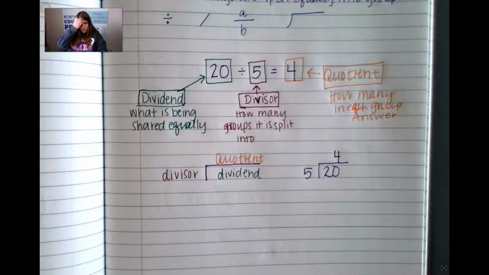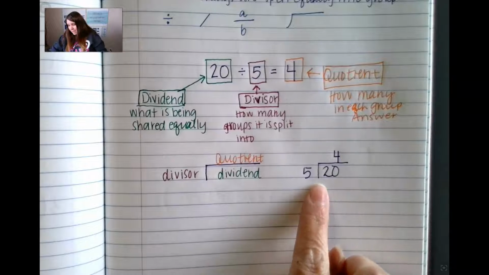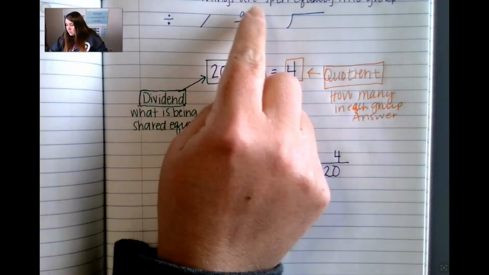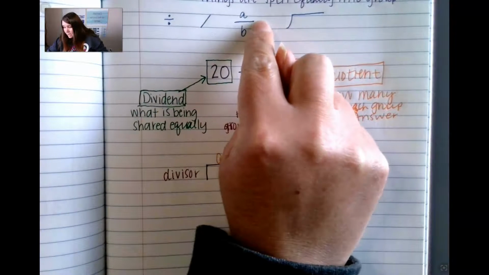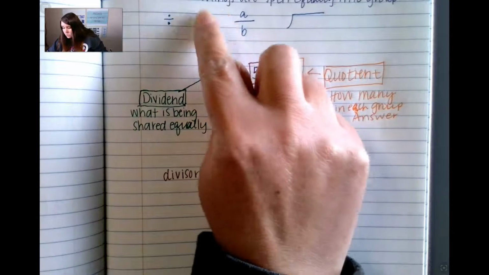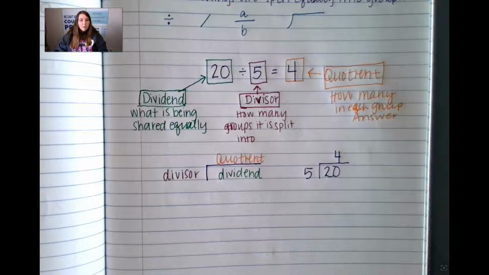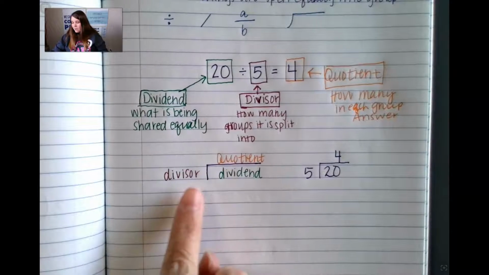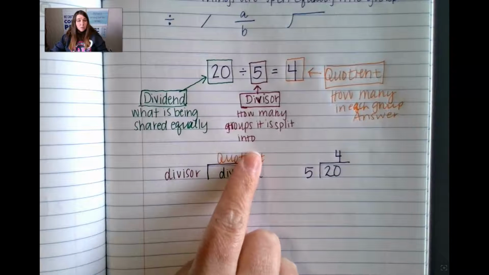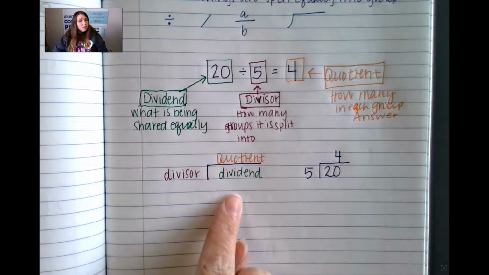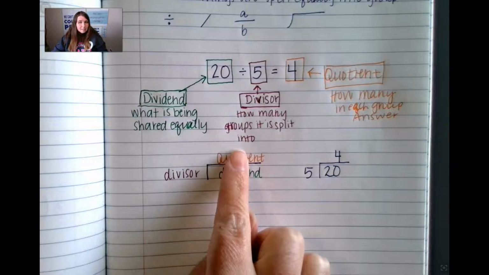The keyword there was by. 20 divided by 5. Whatever's being divided by, it's the dividend divided by the divisor equals the quotient.